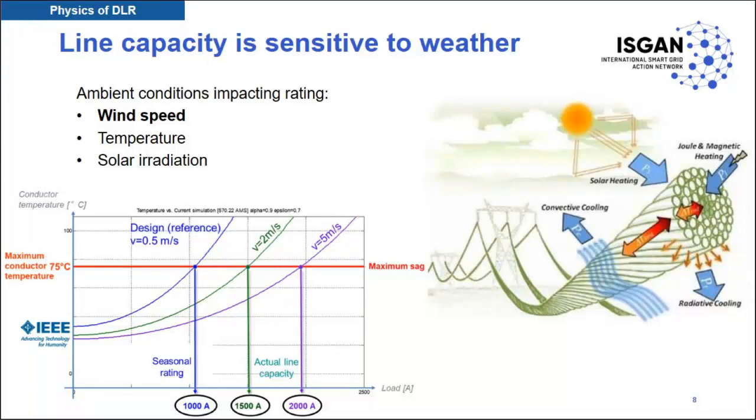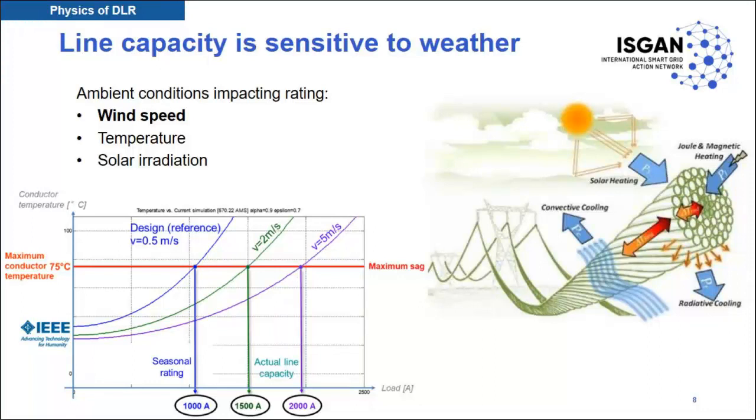And as you can see at the left, you have the reference curve showing for which load the maximum conductor temperature is reached. So on this diagram, we see that around 1000 amps, the maximum conductor temperature, which here is set at 75 degrees, is reached.